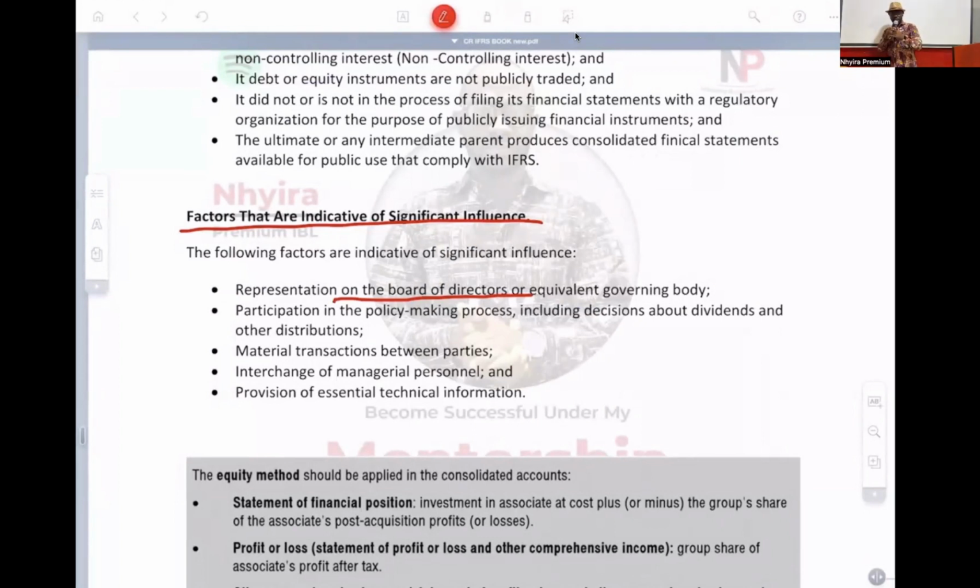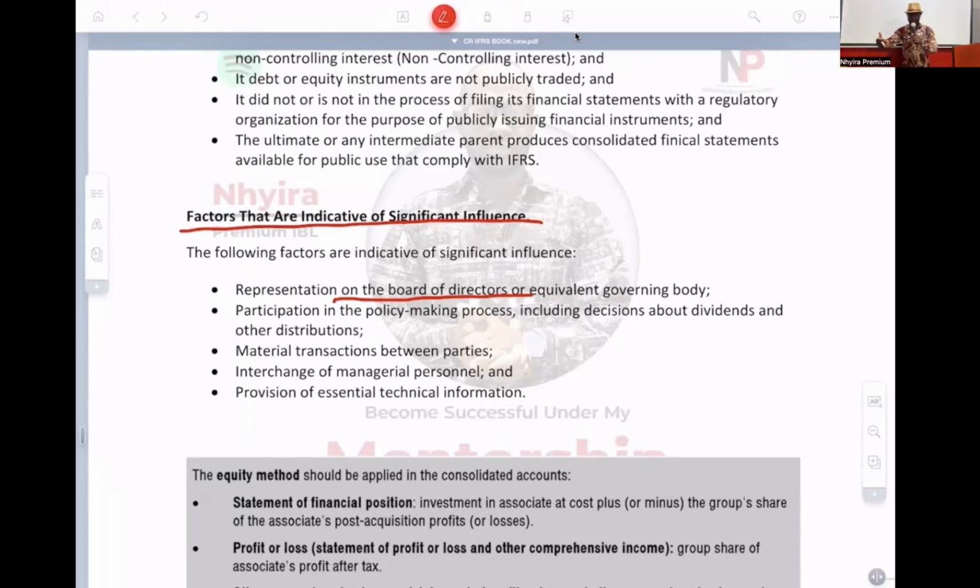Because if you go and buy shares right now in MTN, you're not going to have a representation on the board. That is why your investment in MTN will be treated as an IFRS 9 financial asset, and you can carry it through P&L or through OCI. But when you make investment in MTN and that investment gives you the right to have a representation on the board, even if it is one person or two, that is a sign of significant influence.